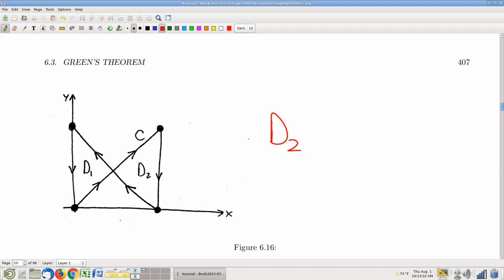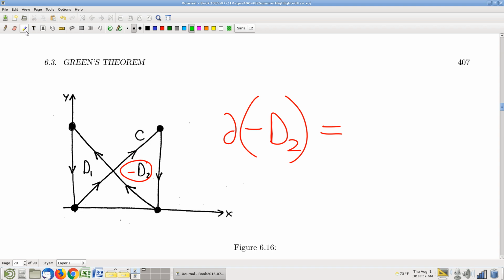Let me write it like this. The boundary of negative D2. For a negatively oriented 2-dimensional region, the boundary is just going to be the exact opposite of the positively oriented 2-dimensional region.